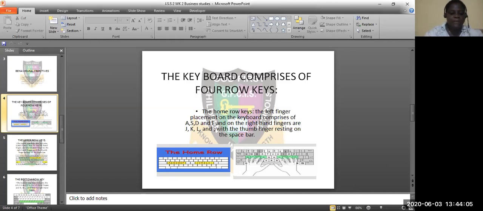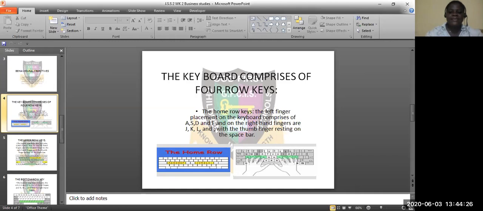When we are talking about today's teaching, we want to look at the way we use our keyboard, the arrangement done on the keyboard, the name given to it, how you can know them, and how you can use them. The first one is home row keys.